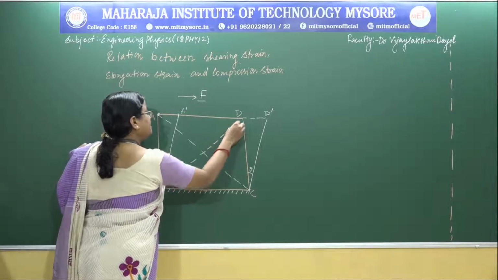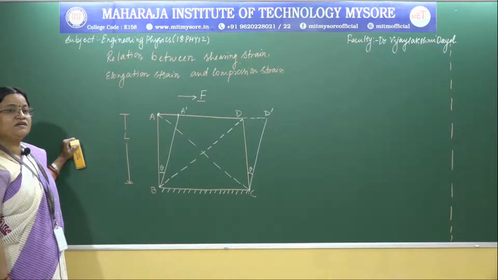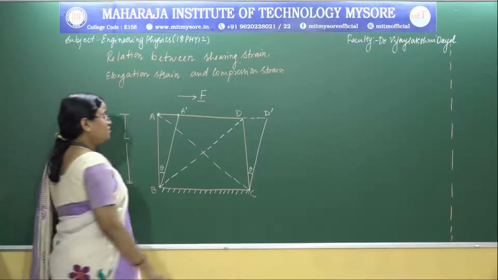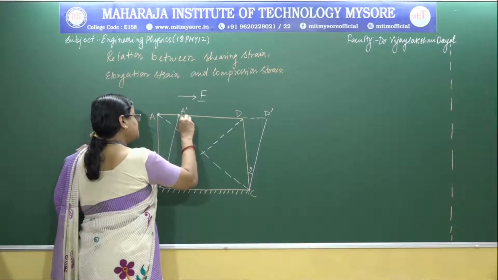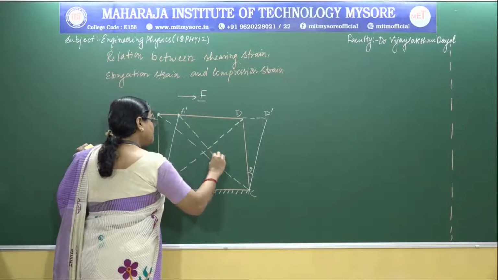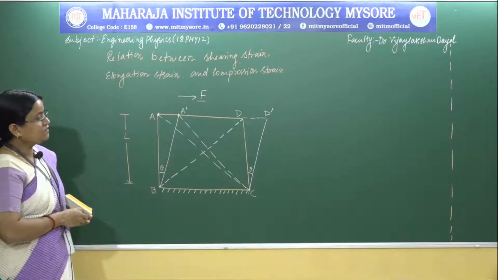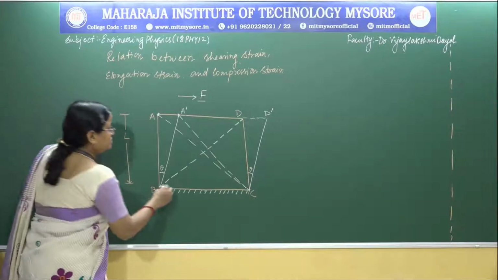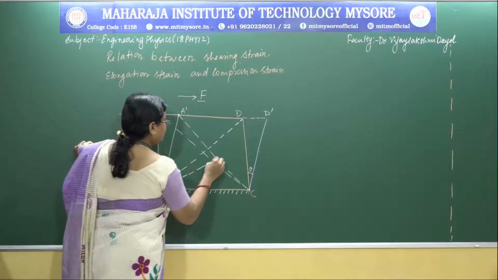So, AC and BD represent the diagonals of the cube. We will also join here the point A dash to C and also join B to D dash.